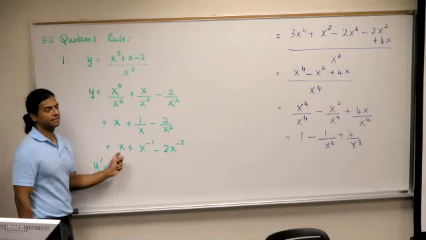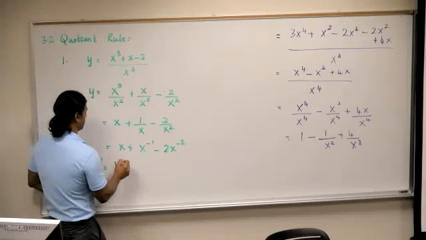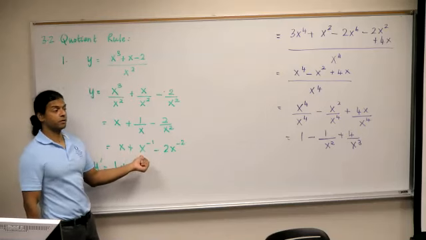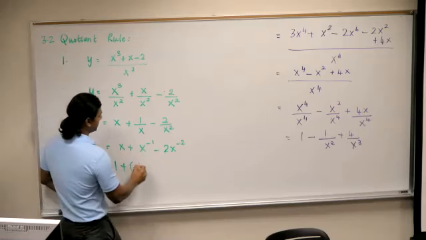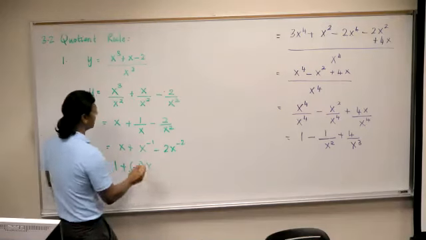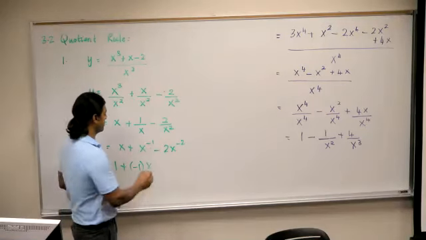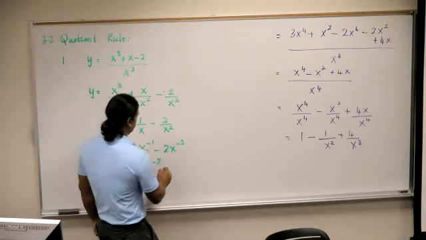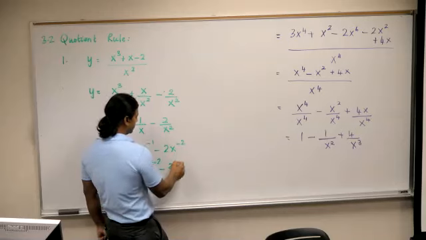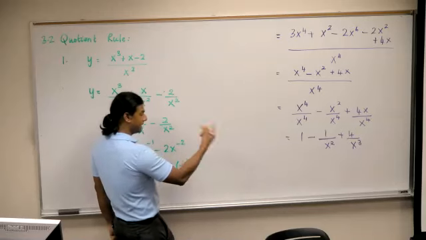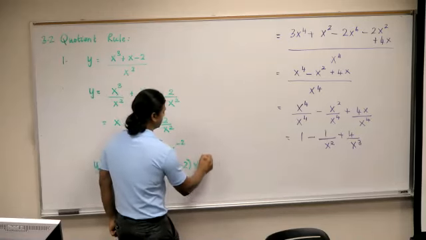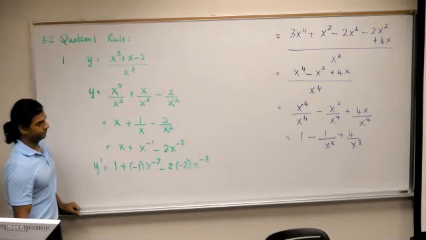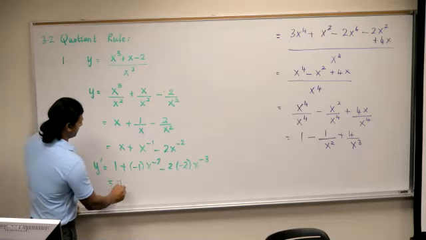Derivative of x is 1. What is the derivative of x raised to -1? -1 moves to the front, x raised to -1 minus 1, that is -2. -2, move -2 to the front, x raised to -2 minus 1, -3. For some reason, I thought we were supposed to find a way to do it in one step.